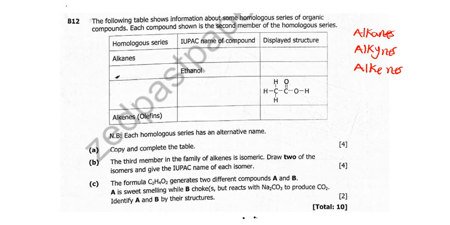Now, there's a way you can easily name any homologous series family. The pattern which you follow is this. If your homologous series family member is just having one carbon, the name will start with meth.